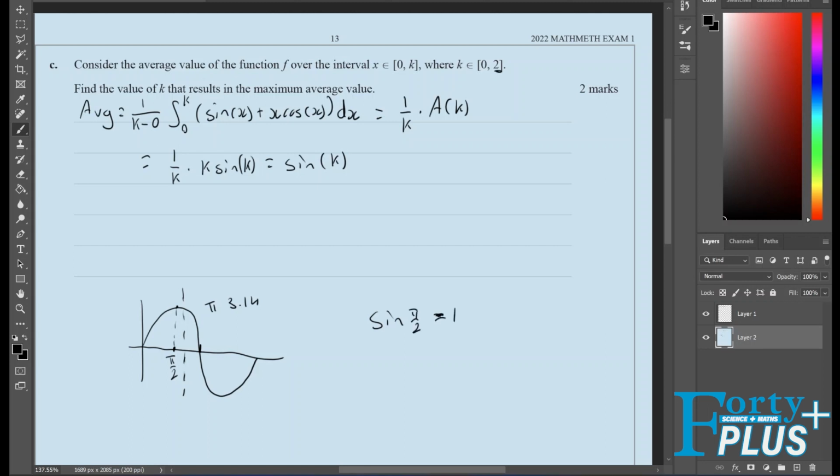So that's the maximum value that sine can be. So we'll say, well, sine x peaks at x equals pi on 2 plus or minus 2 k pi. So therefore, k equals pi over 2.